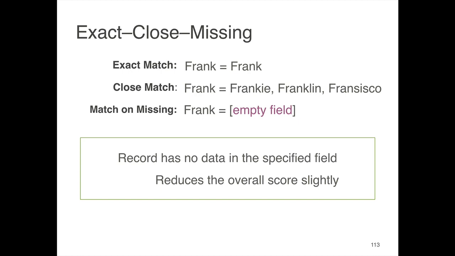When we bring back a record that has matched on missing data, meaning the thing you typed in isn't present on the record, it actually reduces the overall score slightly. We will not bring back anything that conflicts with what you typed in, but we may bring back records that don't have every parameter that you typed in. Those will be scored lower. They'll be down lower on the search results.